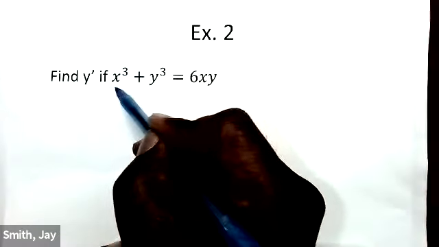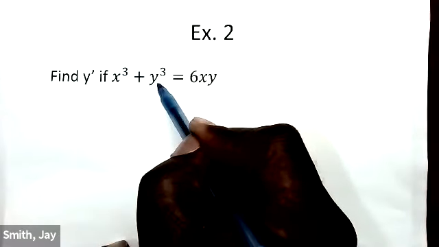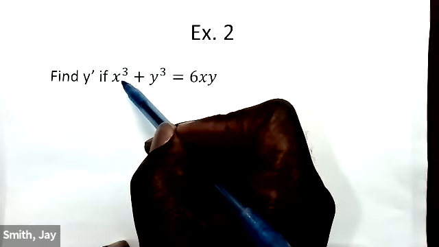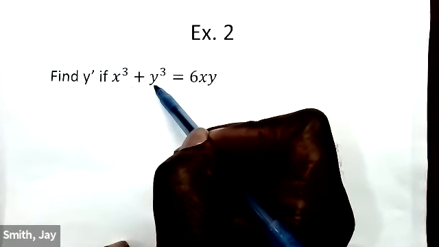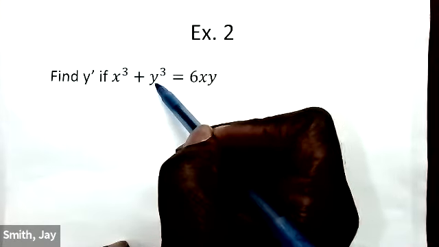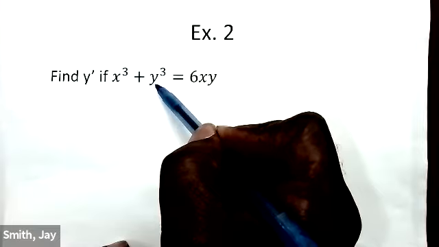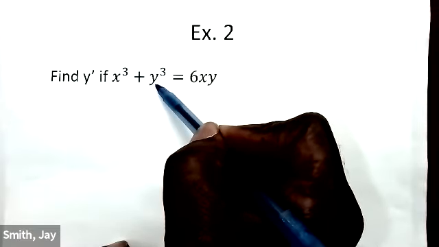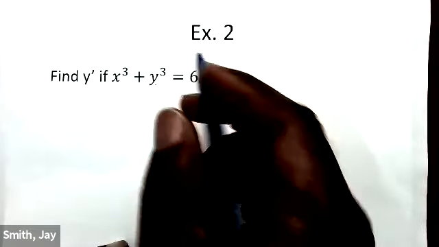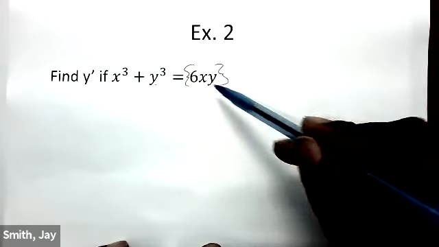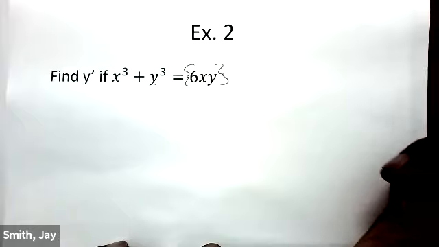For the left-hand side, we can just take the derivative with respect to x, and it won't be an issue. This one's defined by x cubed, so we just apply the general power rule. And as long as you remember to attach either dy dx or y prime, in this case I'll probably attach a y prime because that's what we're looking for, then taking the derivative of y cubed isn't really an issue either. Now for the derivative of 6xy, that's the product of two differentiable functions.